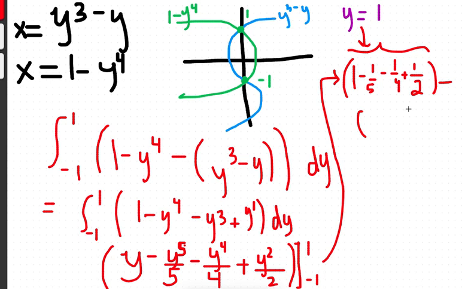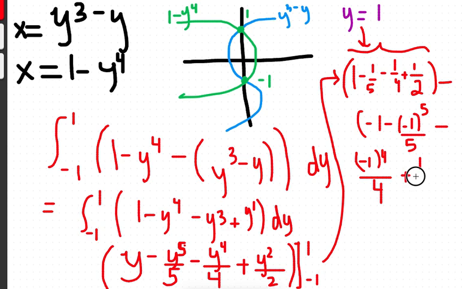And now we will evaluate y is -1. So you will have -1 minus (-1) to the 5 divided by 5 minus (-1) to the 4 over 4 plus 1 over 2.